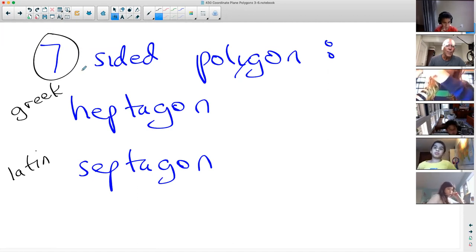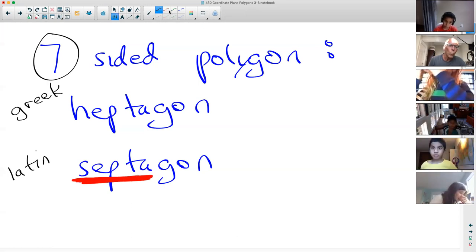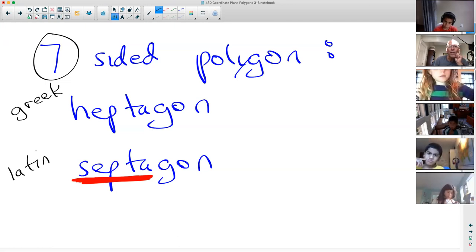However, we have a problem. Does anybody know what word is similar to septa? What word do we use? And in fact, I was thinking about that word just last month. And who thinks they can raise their hand?